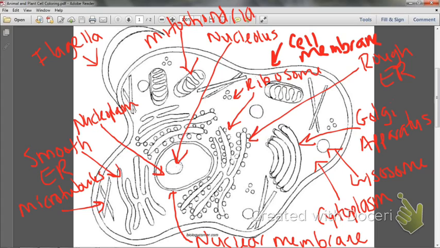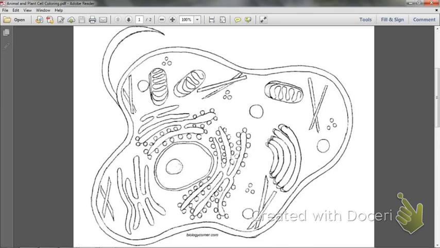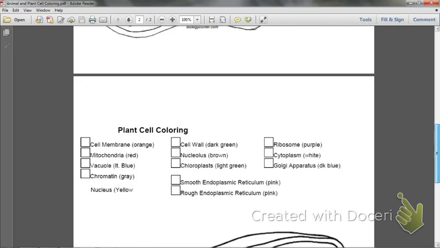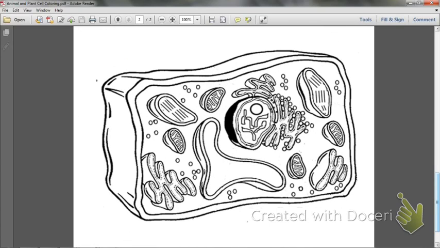Okay, so let's scroll down and look at the plant cell and talk about the differences between the plant cell and the animal cell. Let's see if I can get this to scroll down here. Okay, so looking here at our plant cell, there are some differences in the plant cell versus the animal cell.